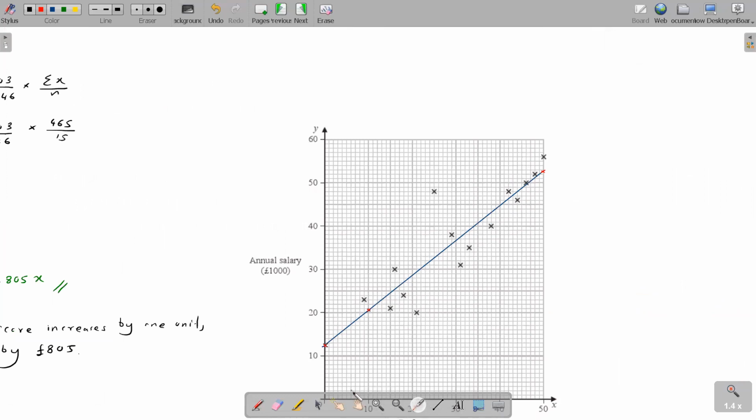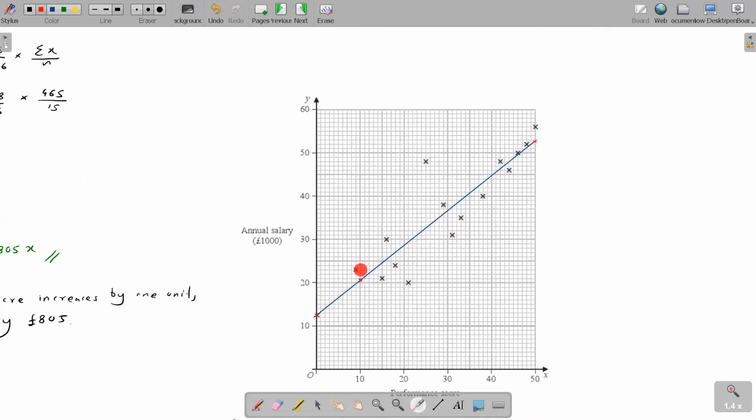Which point? Can you see that most of these points seem to go together, but do you see this one point who doesn't agree with this line? His salary is high. Now see the other managers here. Can you see the other managers who get the same salary as this person?